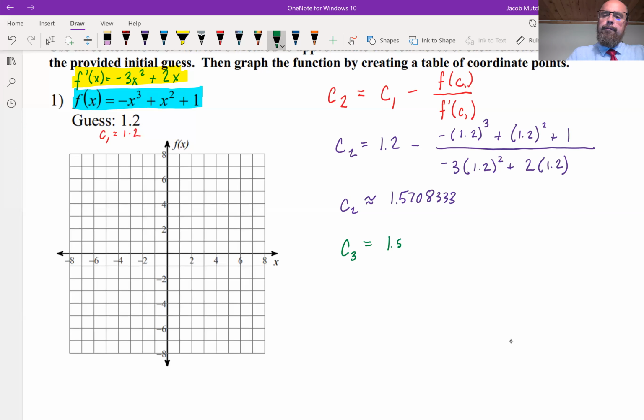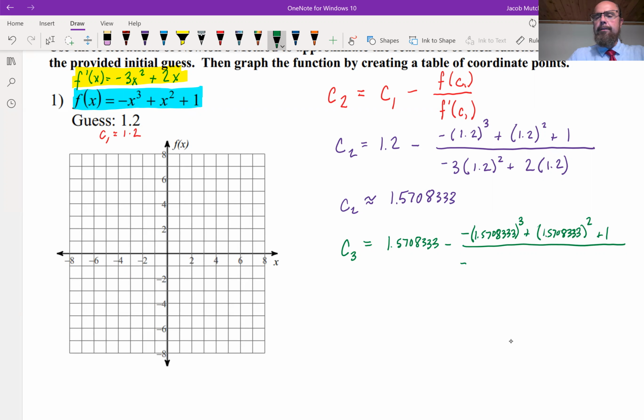It's going to be 1.5708333 minus, and what's the same is the function; what's changing is the specific x value. So this is negative 1.5708333 cubed plus 1.5708333 squared plus 1.